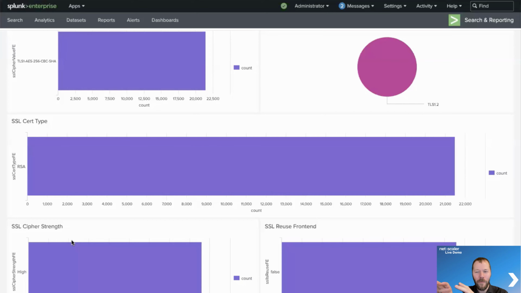Maybe, for example, I still support some ciphers for my very old Windows XP style thin clients. Would it be a good use case of this to be able to determine the impact to the business of getting rid of those? I'd be able to say this many clients per day, this many per month would be impacted if I did. Is that the thought?